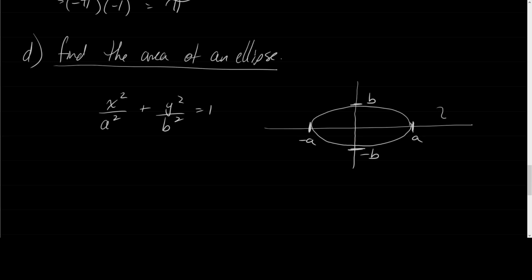Notice that this distance, this width, going this way, is 2b. And then this distance going this way is 2a.